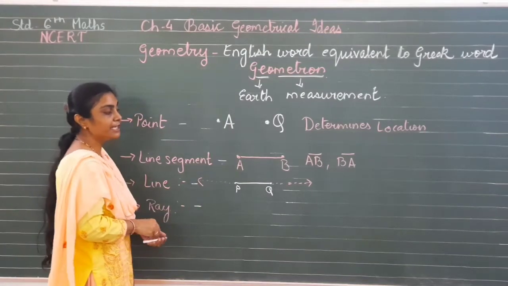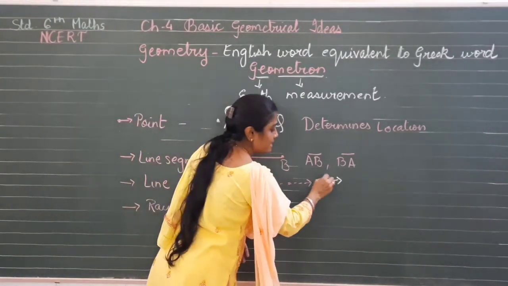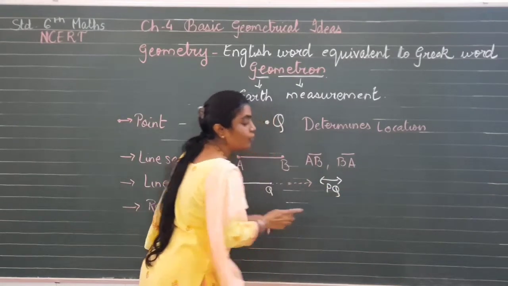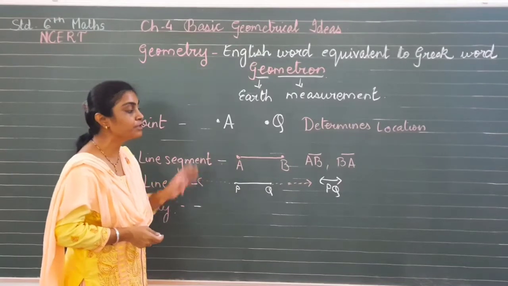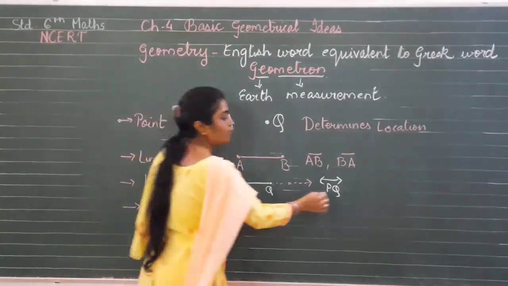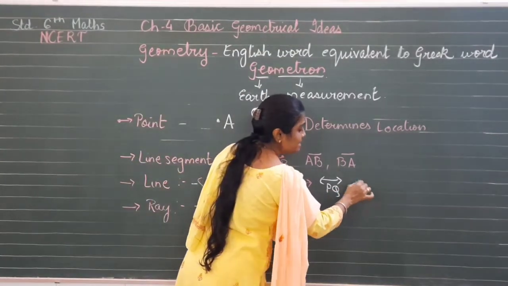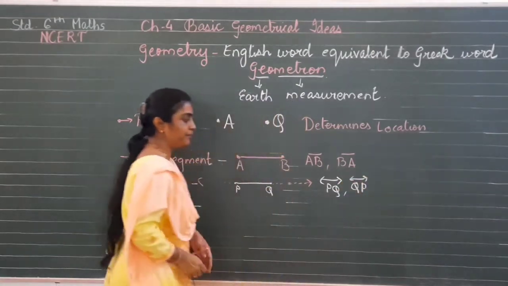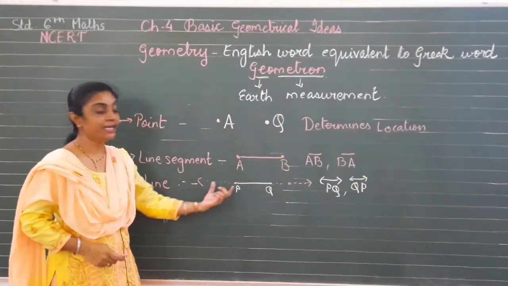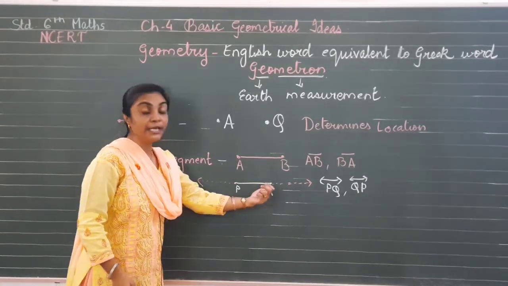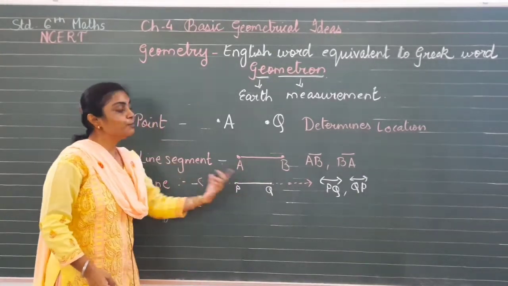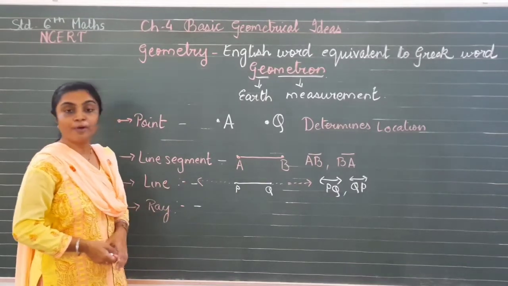It is denoted in symbolic form as line PQ. In both sides, the direction will be infinite. It will run in both directions, line PQ, or it can be said as line QP. To fix a line, 2 points are necessary, that is point P and Q.